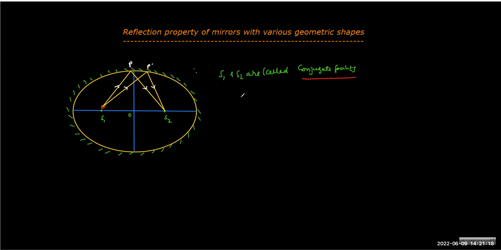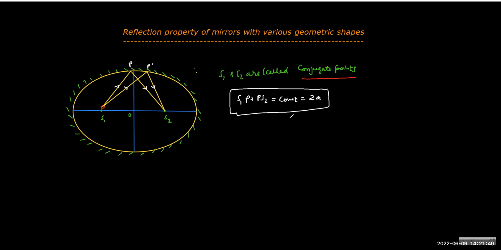So the sum of the distances, we know it's constant, and in fact it is equal to twice the semi-major axis. That is the property of an ellipse. In fact, that is the shortest distance from S1 via the periphery to S2.